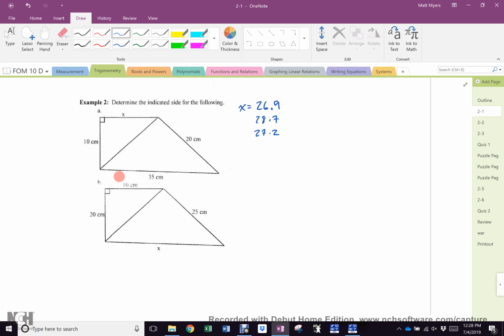You used subtraction. So you did 35 squared minus 20 squared, and then square rooted that to get this side. Yeah, and then you took that answer, which I'm going to say is m, and then you did subtraction again.